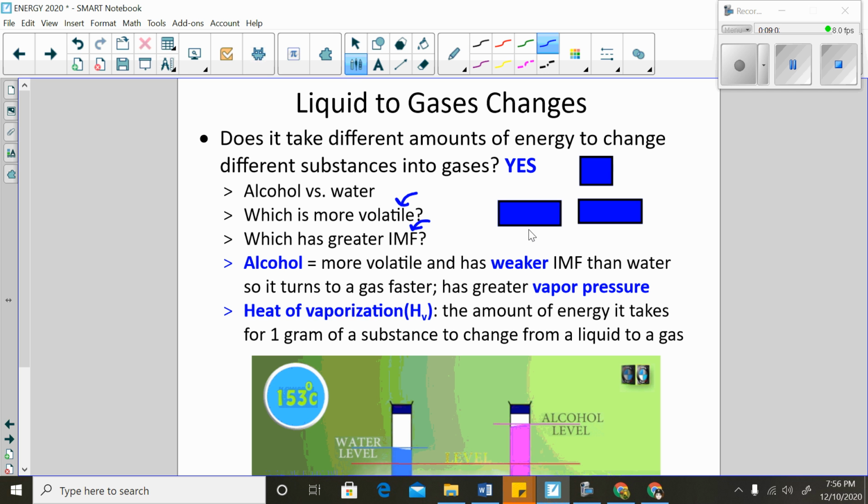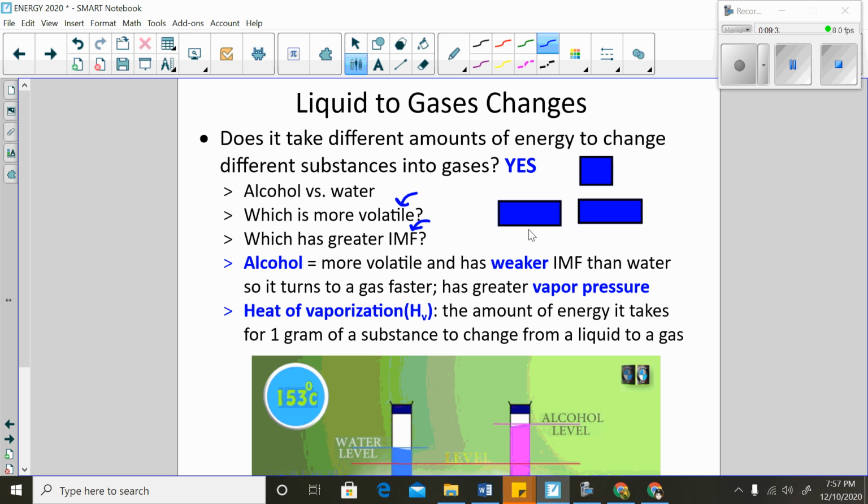So if you spill water versus spilling rubbing alcohol on a desk or surface, the alcohol will evaporate pretty quickly. The water will eventually evaporate. It's just going to take way more time. So that means water has stronger intermolecular forces, and alcohol has a weaker intermolecular force. Okay, so the alcohol turns to a gas faster, so it has the greater vapor pressure.